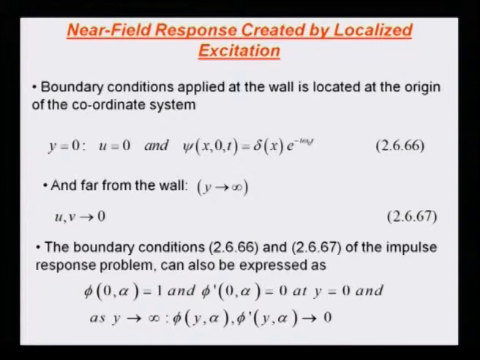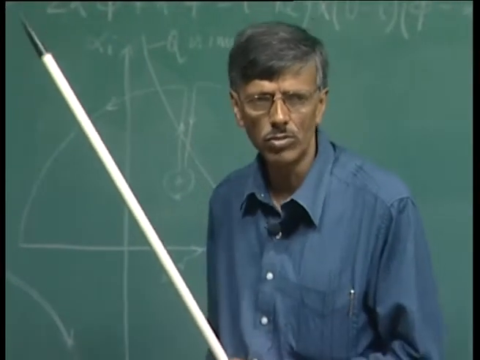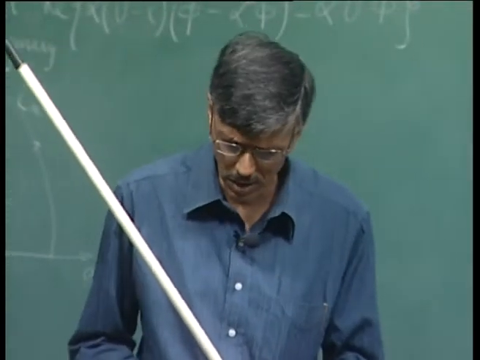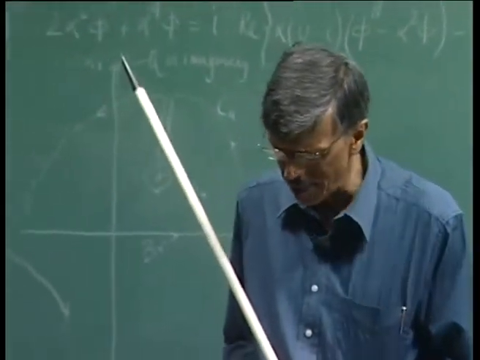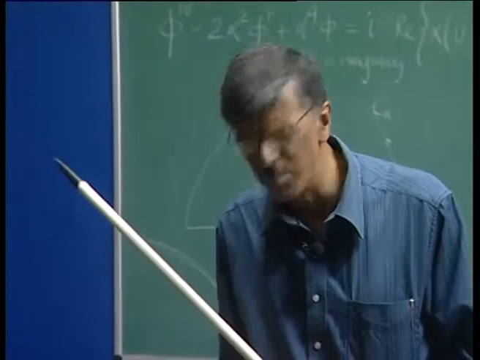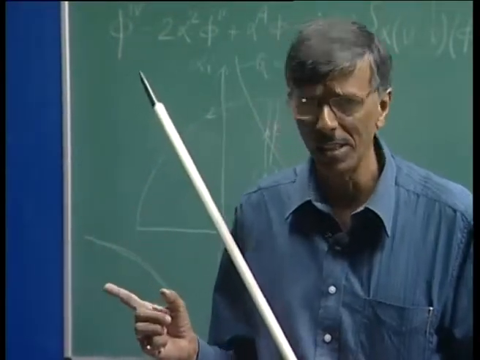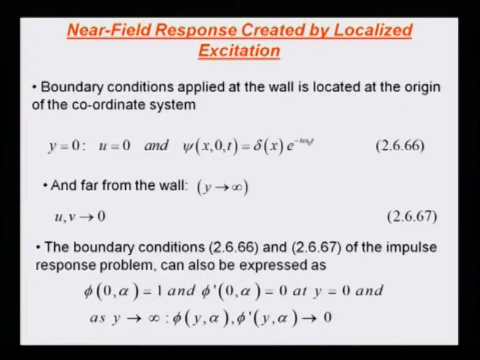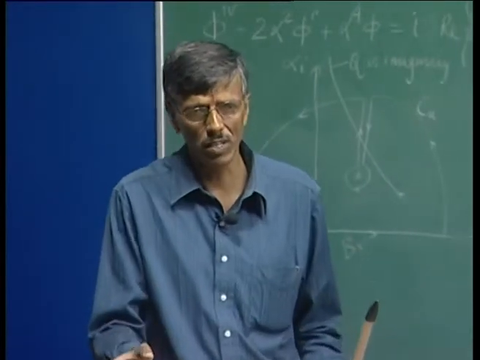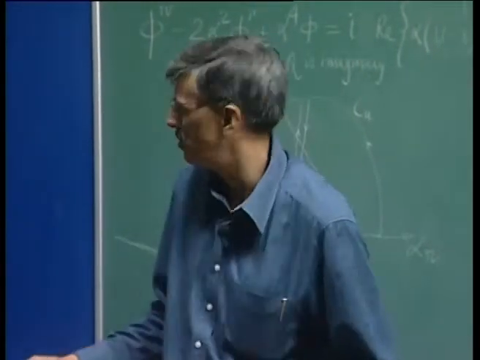We are trying to find out the contribution coming for the disturbance field from phi when alpha goes to infinity. That would give me the near field response. The reason we call this contribution the near field response is that we are trying to compute the contribution coming from alpha going to infinity.